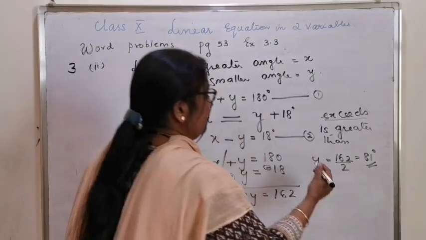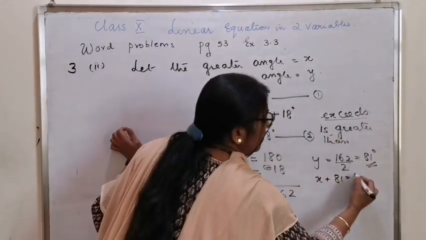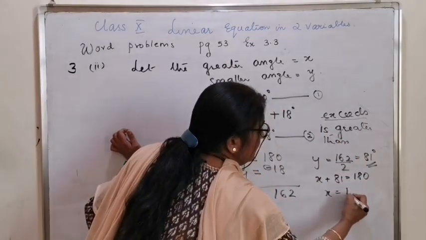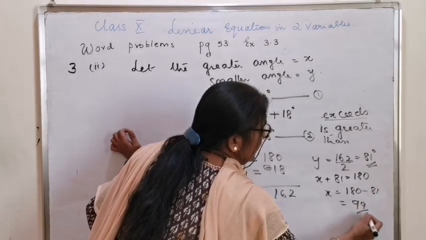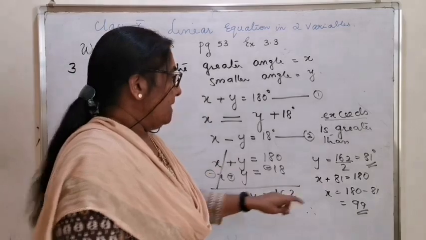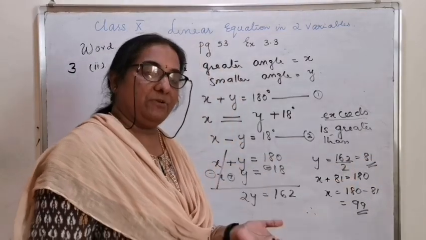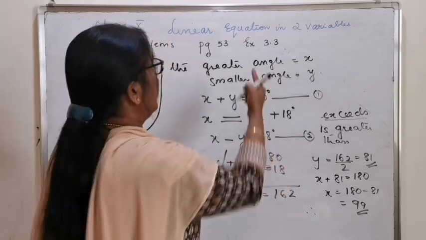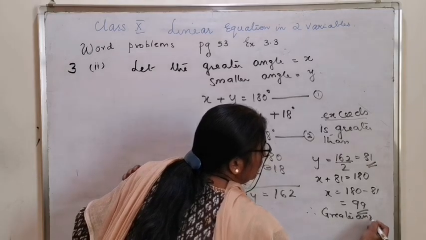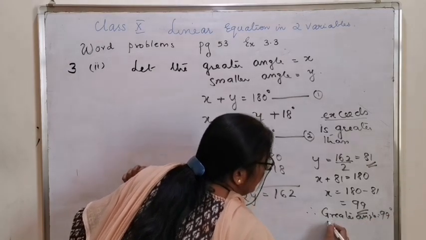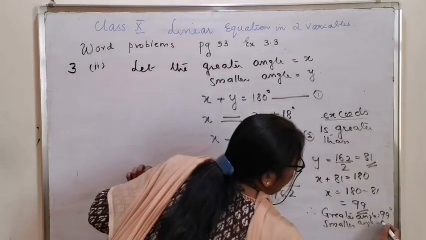Substituting, x plus 81 is equal to 180, x is equal to 180 minus 81 is equal to 99. When you are writing x and y, you need not write the units, but when you are rewriting the statements, therefore, the greater angle is equal to 99 degrees and the smaller angle is equal to 81 degrees.